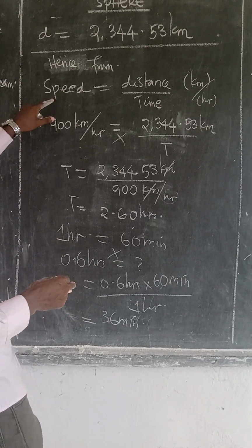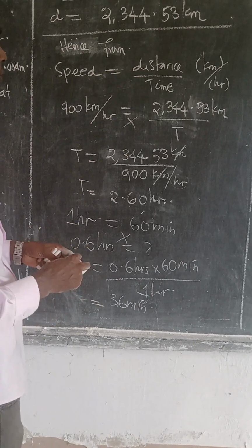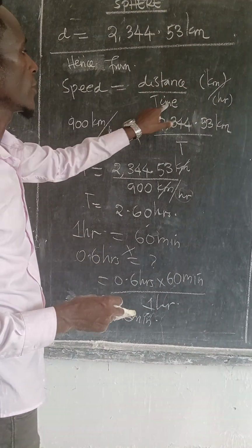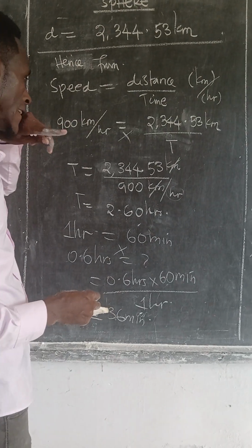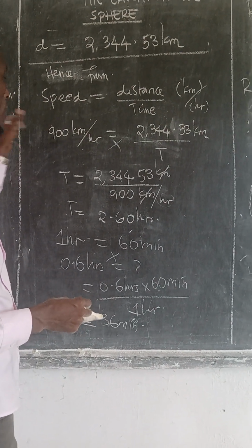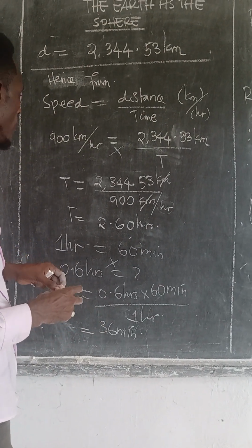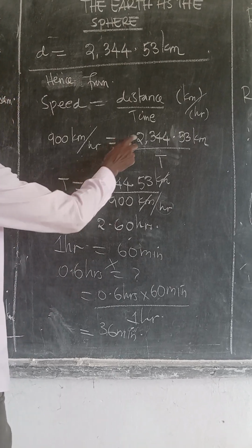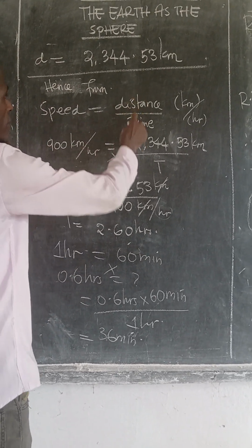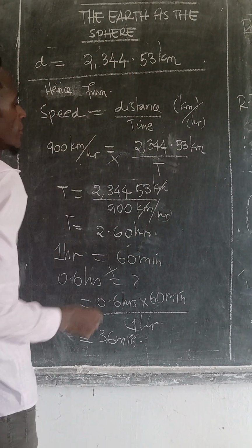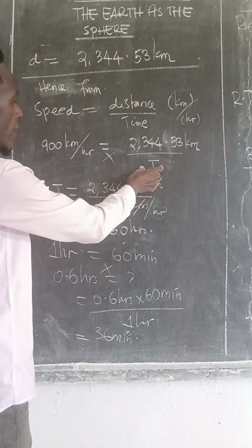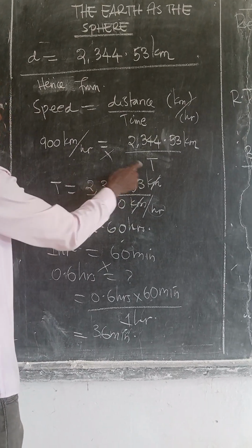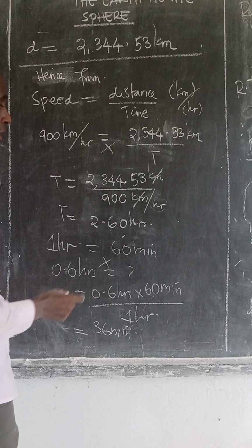We have speed equal to distance over time, where distance is in kilometers and time in hours. The speed is 900 kilometers per hour, equal to the distance obtained above over time. So time is equal to this distance over 900.